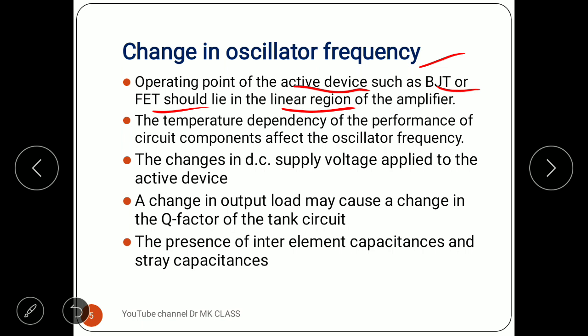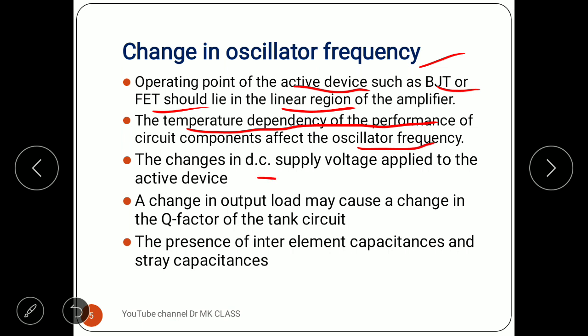The temperature dependency of the circuit components affects the oscillator frequency. If temperature-dependent components are there, they will affect the oscillator, so we use components that are independent of temperature, at least over a certain range. Then the oscillator frequency will be constant.